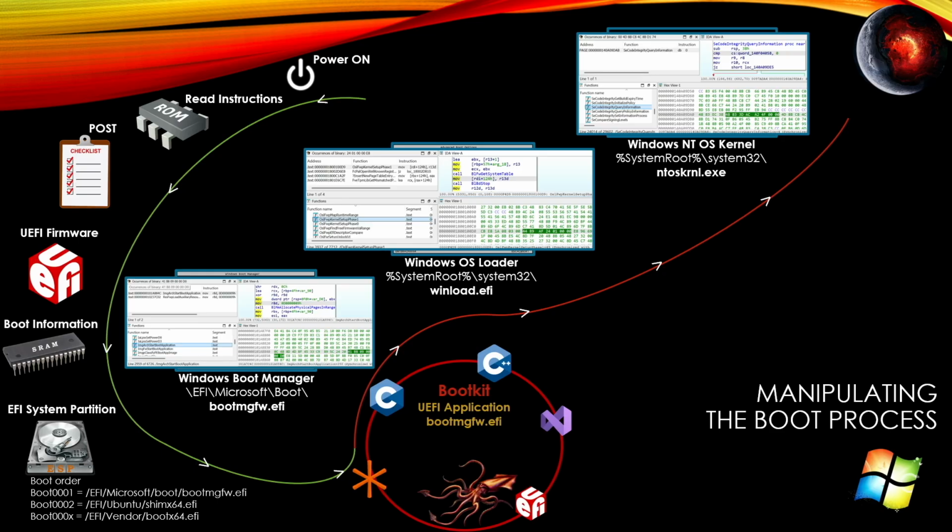This malicious version, or UEFI application, hooks a function inside the firmware responsible for loading the original boot manager. But instead of immediately passing control to it, our code ensures that the original boot manager is fully loaded into memory first.